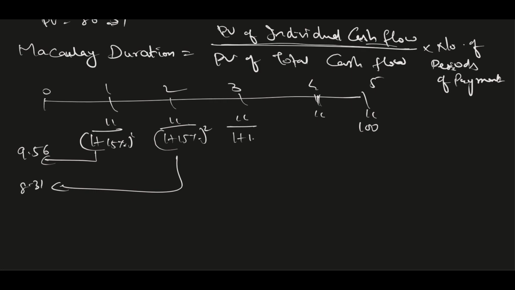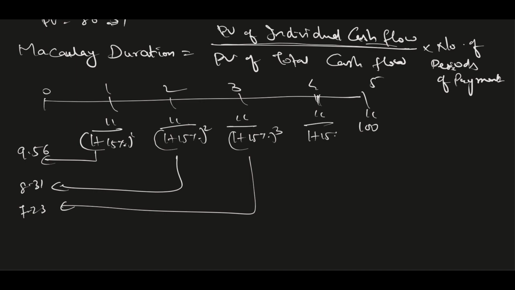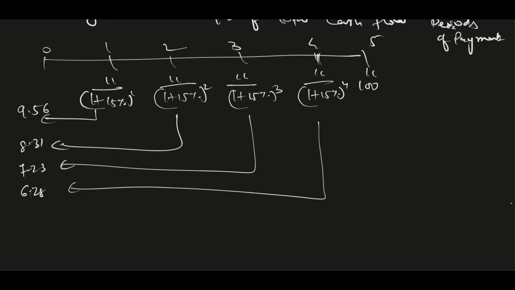Now the third one comes to 7.23. The fourth one, 6.28. And the fifth one is 111, so accordingly that comes to 55.18.